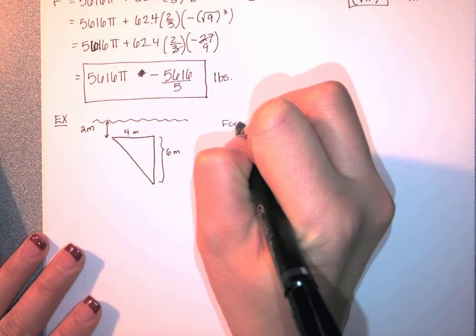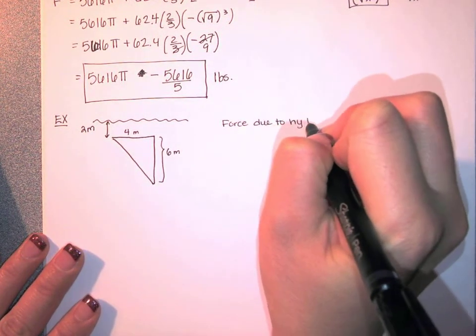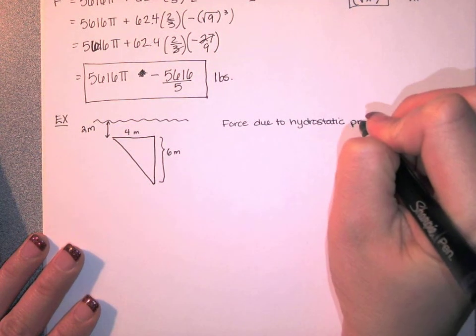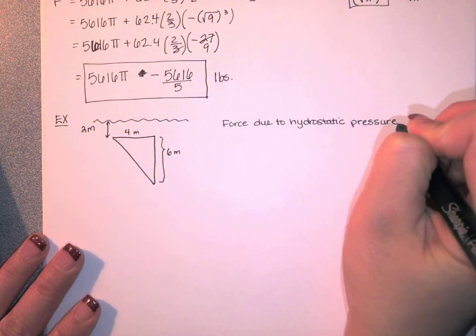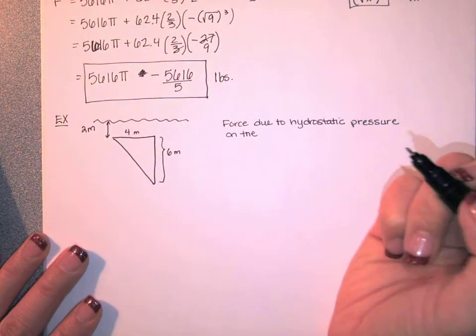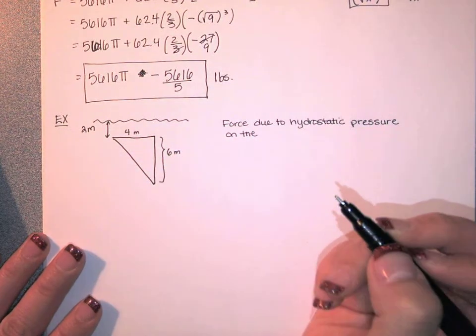Let's say we want to find the force due to hydrostatic pressure. So due to water pressure, water that's not moving, on the vertical wall, that's this triangle shape.